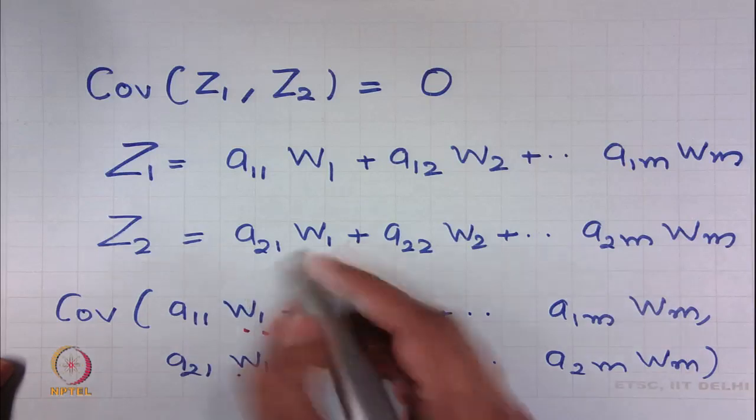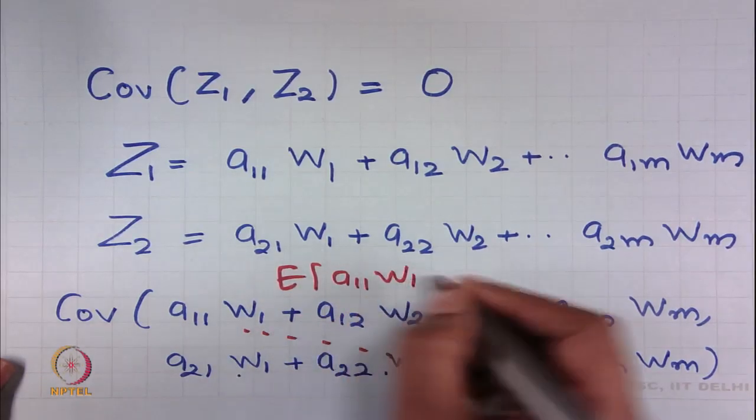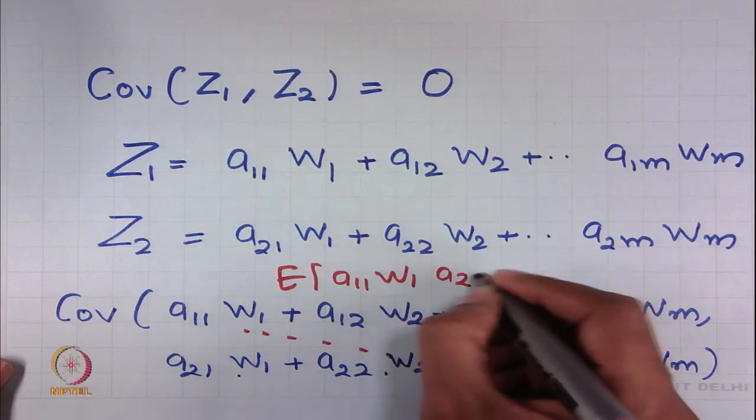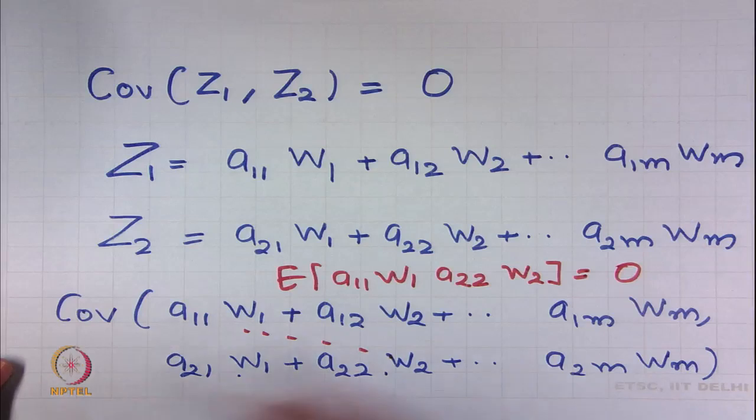So, expected value, let me write a11 w1 into a22 w2 would be 0, right, because they are independent and they are with 0 mean. We have done it several times, and now I request you to do it yourself and think that all these cross terms will vanish. Okay.